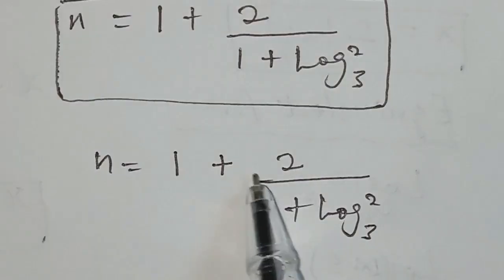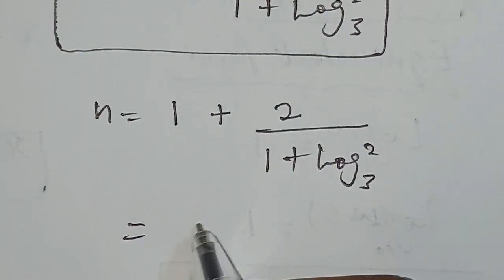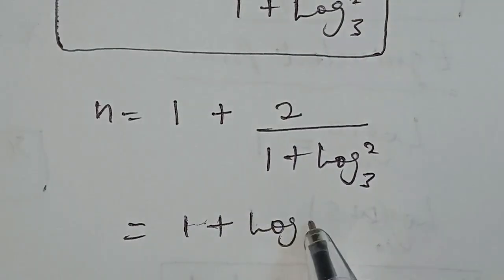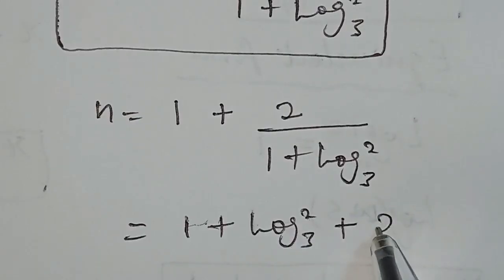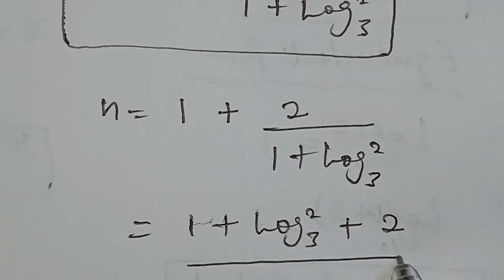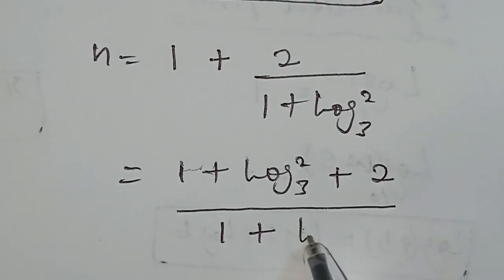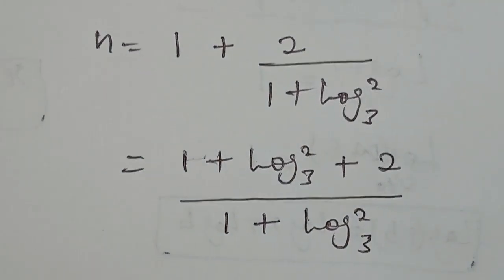If we simplify this, we have n equal to (1 plus log 2 base 3 plus 2) over (1 plus log 2 base 3).